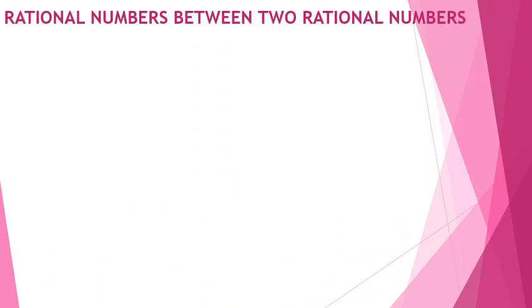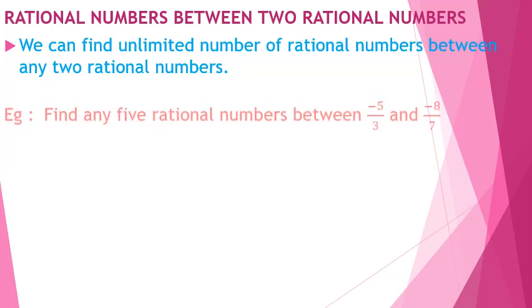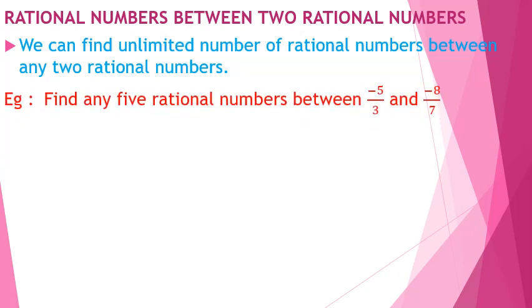And the next one is rational numbers between two rational numbers. We can find unlimited number of rational numbers between any two rational numbers. For example, find any 5 rational numbers between minus 5 upon 3 and minus 8 upon 7.